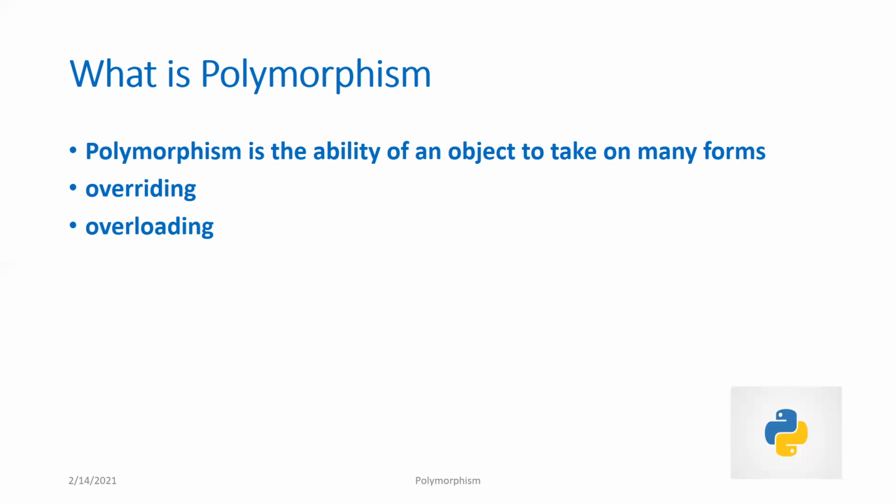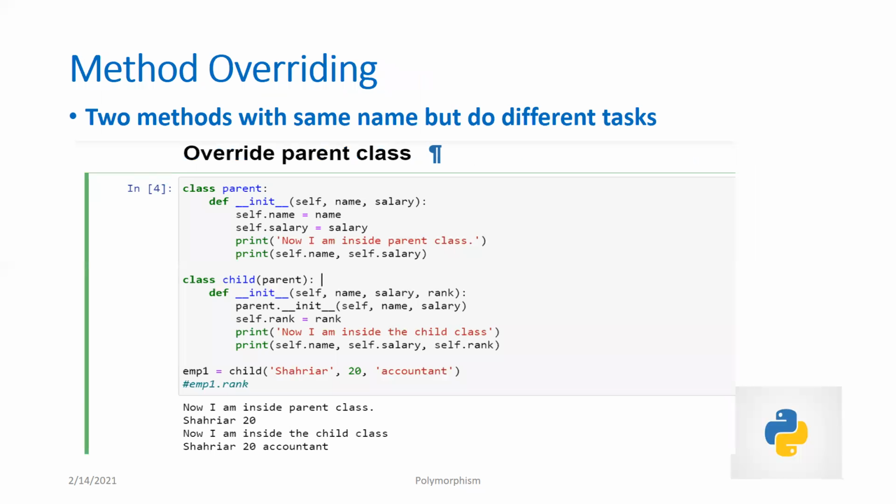Here is the example from our previous lecture on inheritance. At first we will learn what overriding is using the previous example. Overriding is of two types: one is method overriding and another is variable overriding.